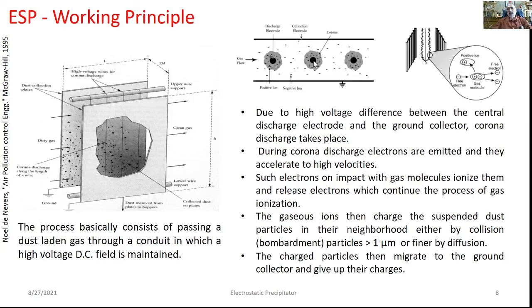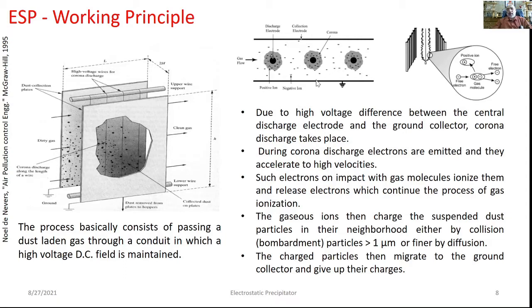The vertical black dots represent the discharge electrodes, and the two parallel broad lines represent the collection electrodes. Gas enters from the left side, and after the cleaning process it leaves this passage from the right side.